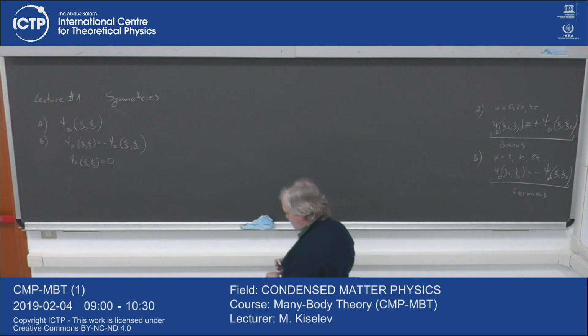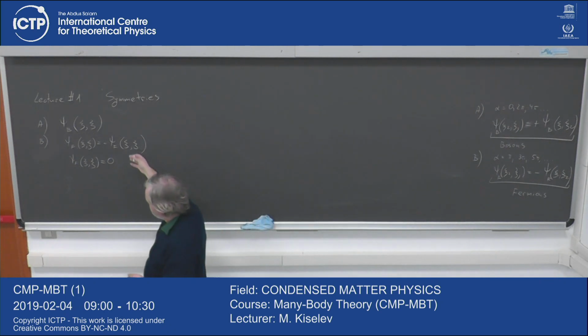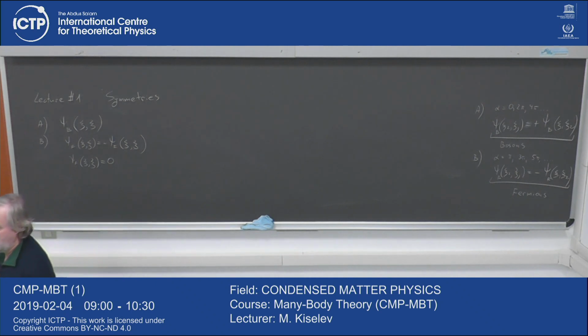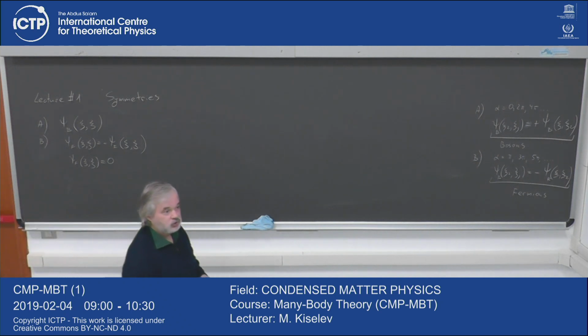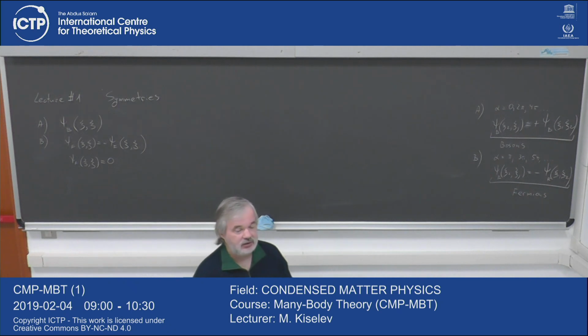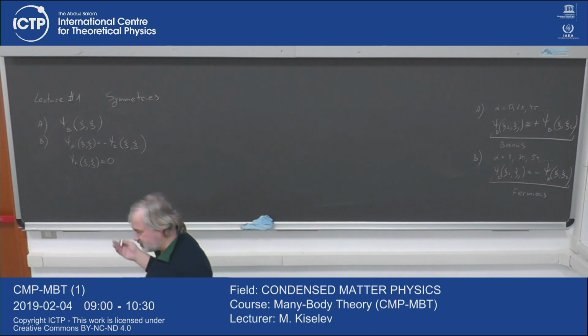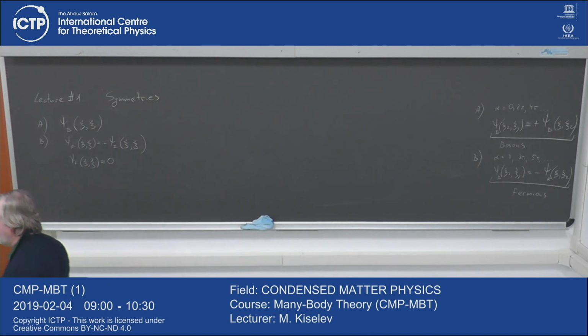And this very simple and important solution of the equation is known as the Pauli principle, or Pauli exclusion principle. So two fermions are characterized by two different sets of quantum numbers, namely at least one of the quantum numbers should be different.